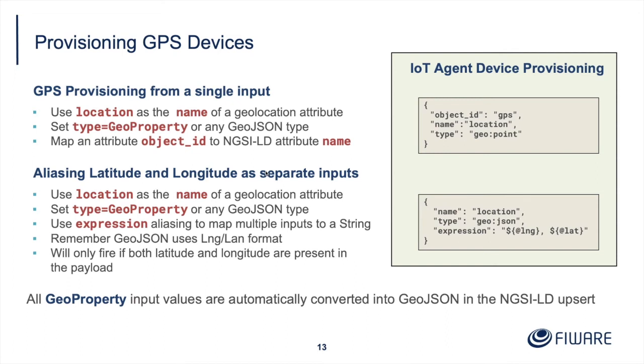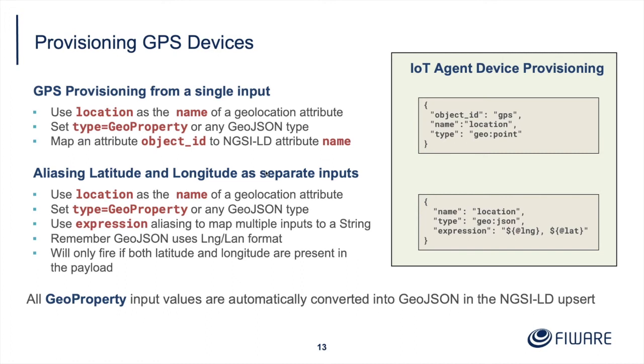You don't even need to do this if you're adding data through the JSON IoT agent, because obviously GeoJSON is JSON, so you can just put the value directly as a GeoJSON point. But you can alias this if necessary.